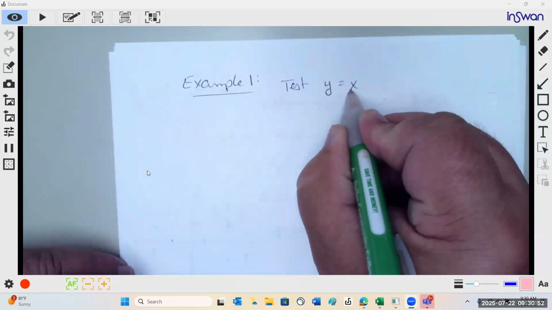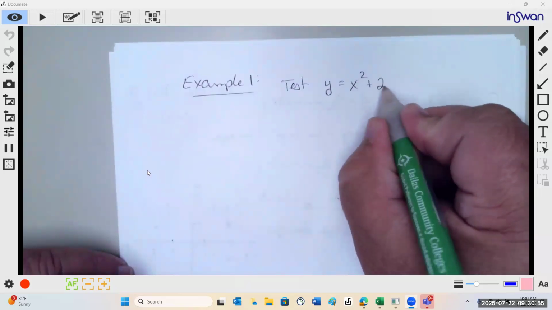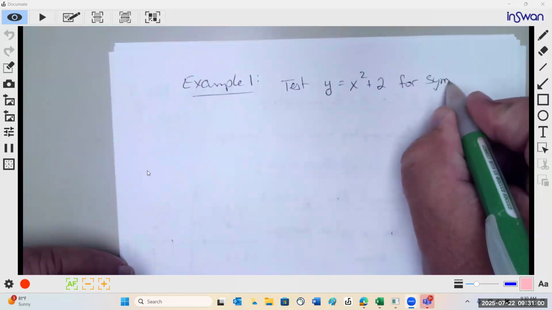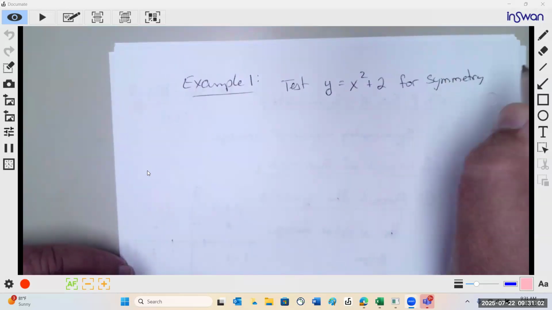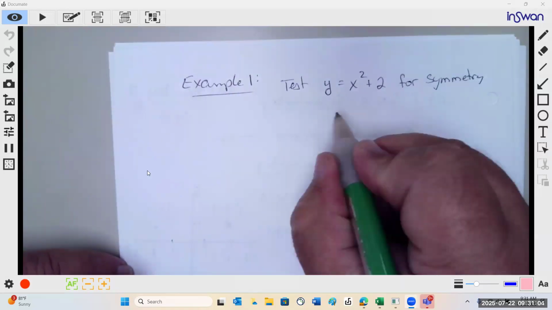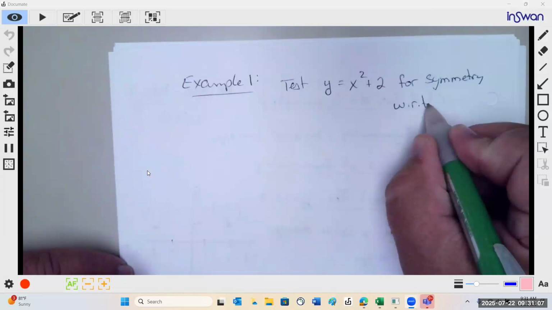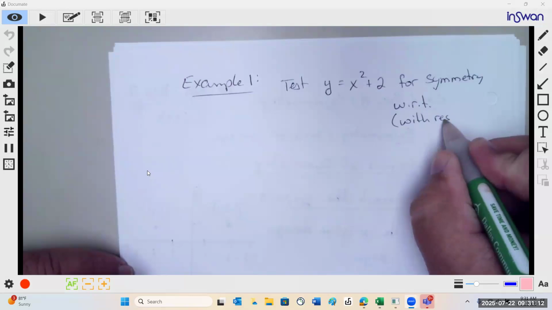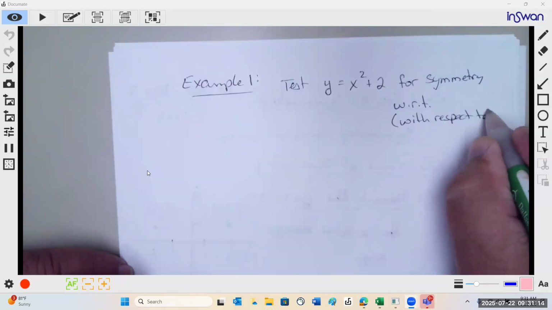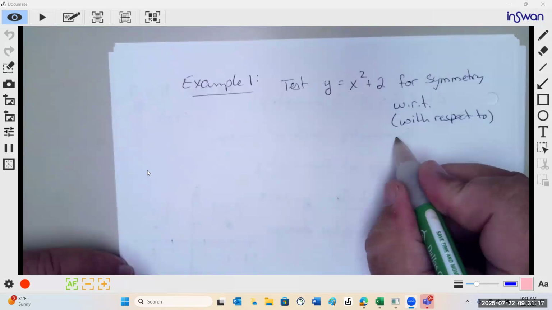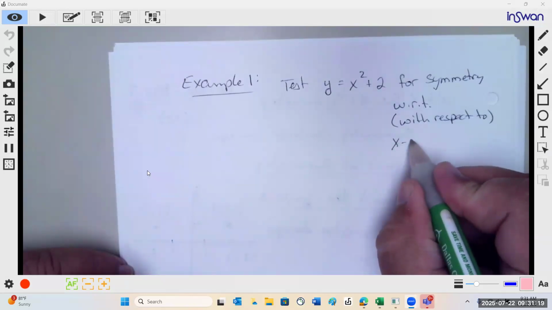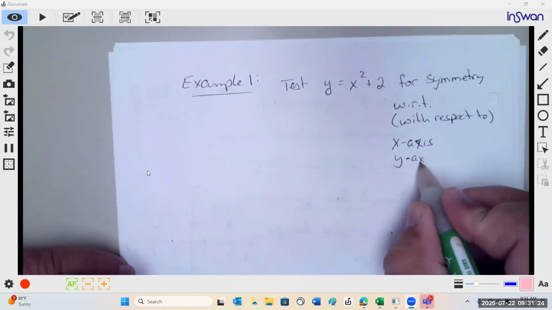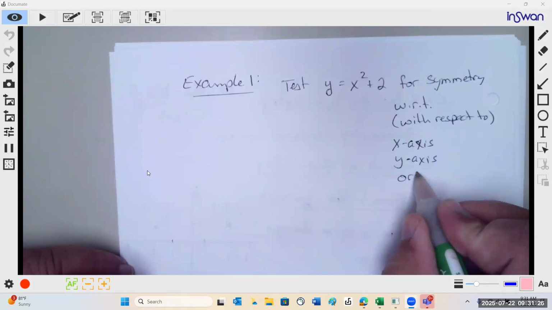Test y equals x squared plus 2 for symmetry with respect to, WRT is with respect to, the x-axis, y-axis, and origin.